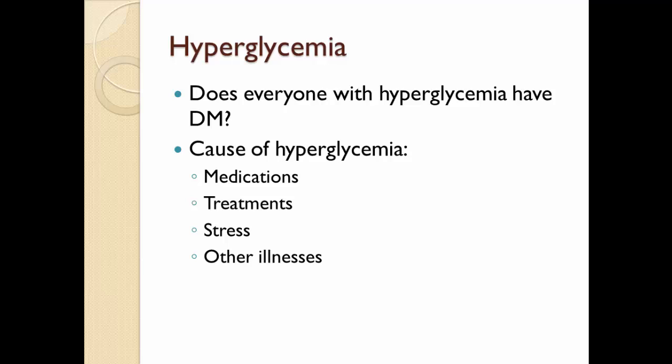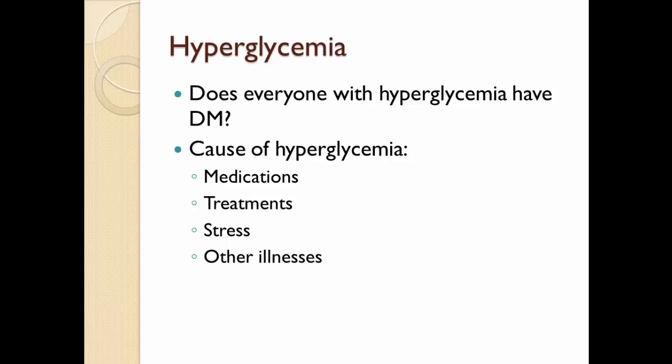There are treatments out there, such as tube feeding, which you learned about in 111, and in 112 in caring interventions you learned about TPN. A lot of times in the hospital people are on these types of treatments. We're going to check their blood sugars because they might be elevated and we may have to treat.